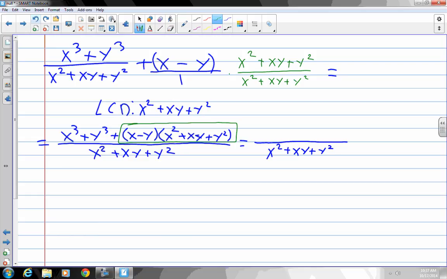I know the product of these two parentheses is just going to be x cubed minus y cubed. I don't have to FOIL. If I FOIL, I'll get the same answer. But based on your exam, you're really better off using the formulas than FOILing, because you mess those up. Formulas of quick multiplication allow you to open that without FOILing.